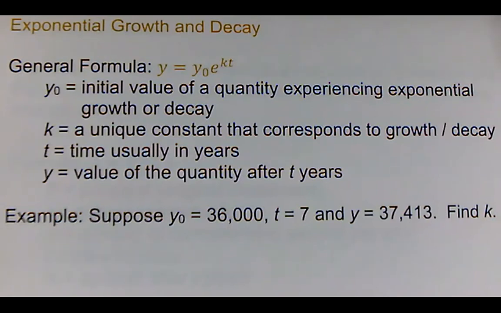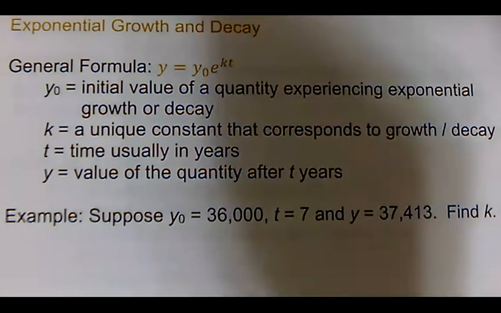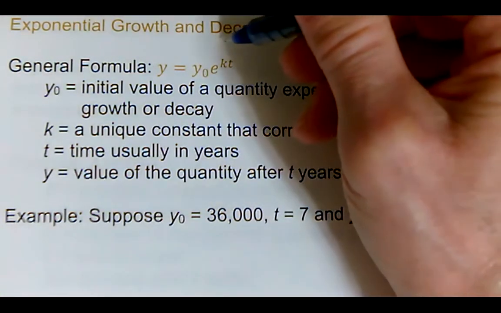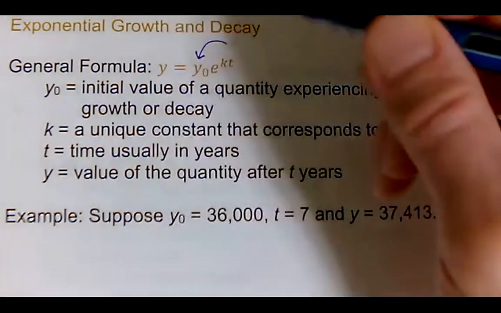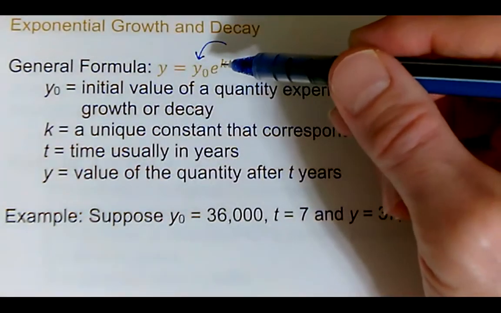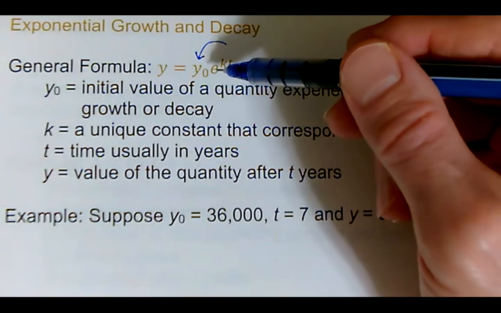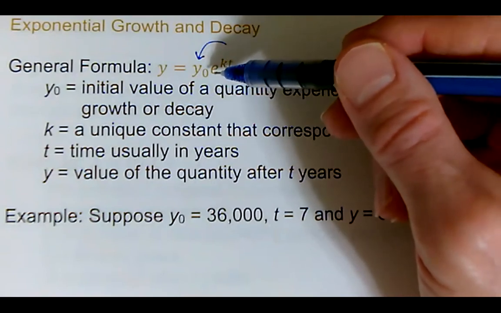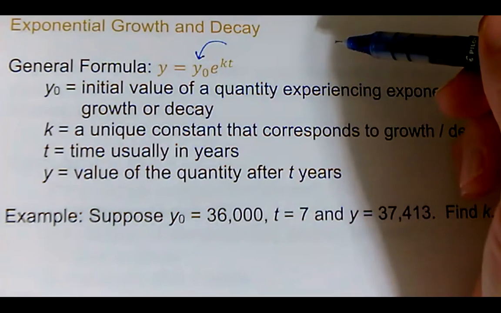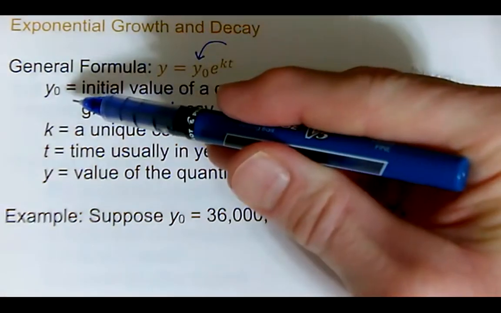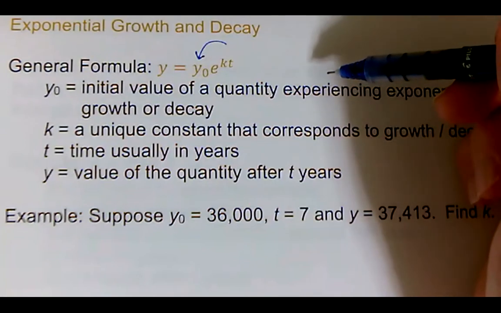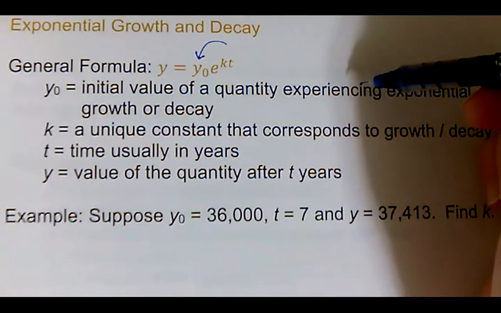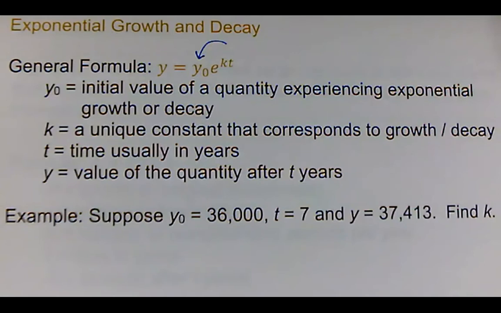So the general form for an equation that models exponential growth and decay is this one right here. And you can see it's an exponential function, particularly using that value e that's so mysterious that we've seen many times. In this formula, the y0, or y sub 0, represents the initial value of a quantity that's experiencing exponential growth and decay.